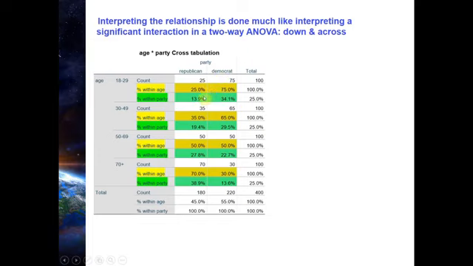So as a rule of thumb, always ask SPSS for the percentages in each cell. Don't interpret your results by looking at the observed frequencies. Now, to interpret this, you either go across. That means you're going to look at, in this case, the percentages within age.